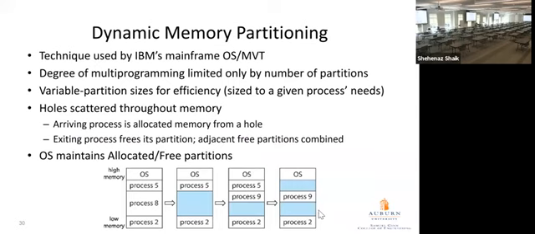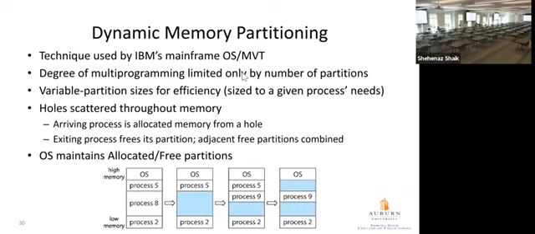Okay? And again, it's the job of the operating system to maintain information regarding all these allocated and free partitions, in other words, what part of the memory is free to be allocated, and at what locations different processes are loaded at this current point in time.